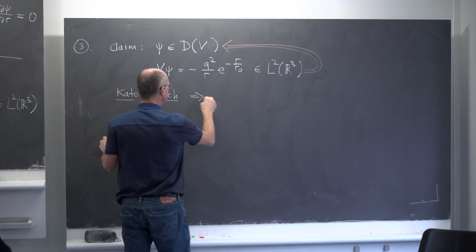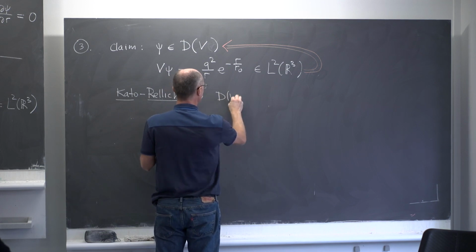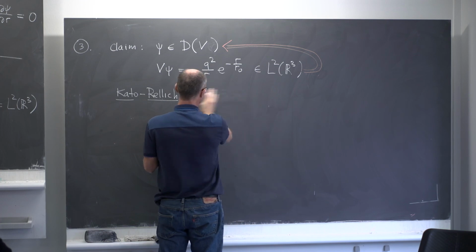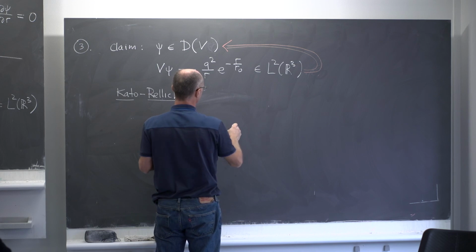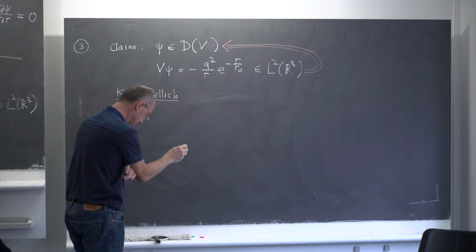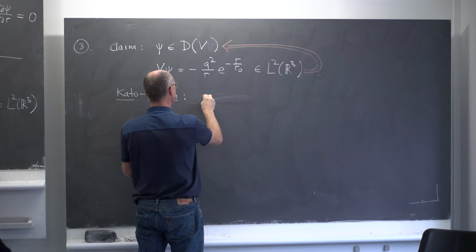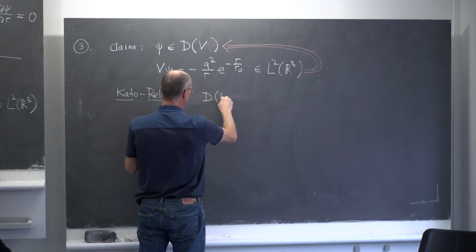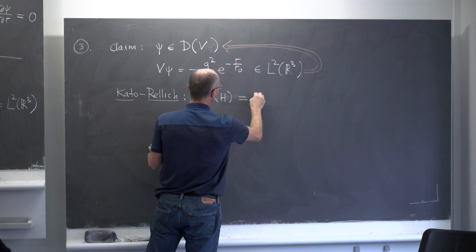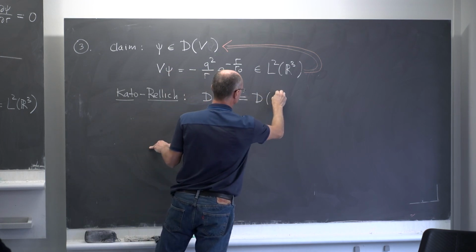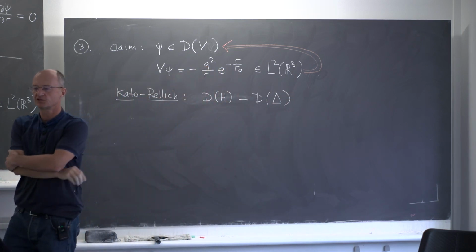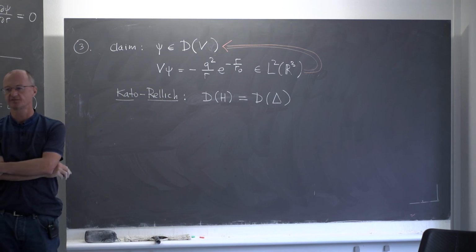And Kato-Rellich implies that the domain of V, what am I saying? No, Kato-Rellich implies that the domain of H is equal to the domain of delta, right? So that's what Kato-Rellich says. Is it right?